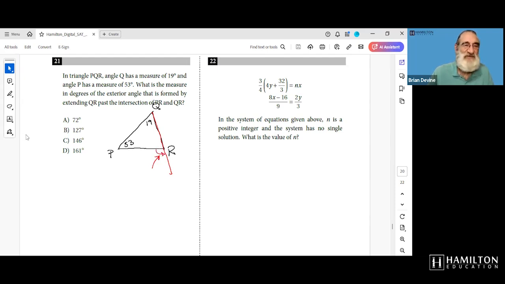Well, they used to ask this on the SAT every test for 50 years, and it was called the external angle theorem, in that this angle here must be equal to the sum of the two remote interior angles, because this angle here is supplementary to the angle inside with 53 and 19, and 53 and 19 and this angle here add to 180, which means that this one and that angle, I'll call it X, add to 180.